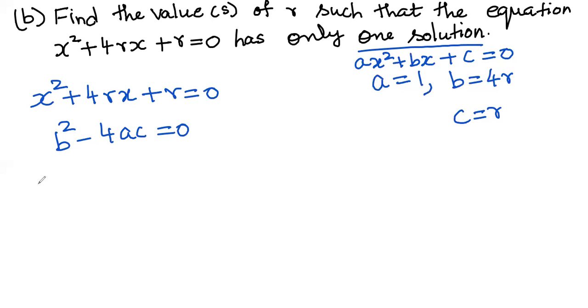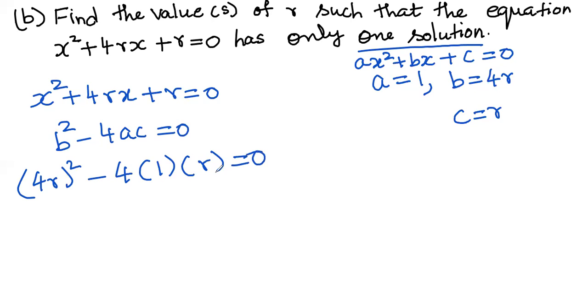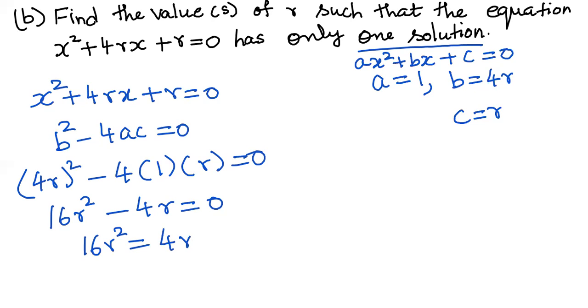We'll substitute in this equation. b squared happens to be (4r) squared minus 4 times a is 1, c is r, equal to 0. So this is going to be 16r squared minus 4r equal to 0. We might as well write this as 16r squared equal to 4r, and r gets cancelled, because this is r squared.